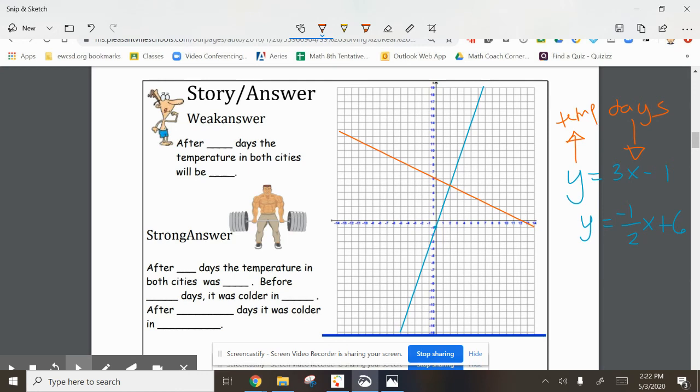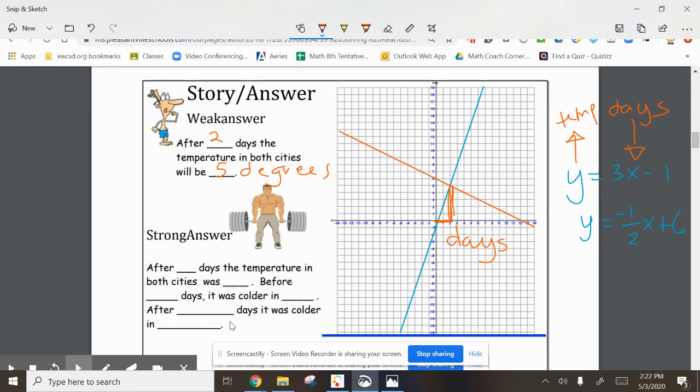So how many days? Over 2? After 2 days, and you go up, our temperature will be at 5 degrees. All right, that was kind of tough, but you guys can get through this. It's fine.